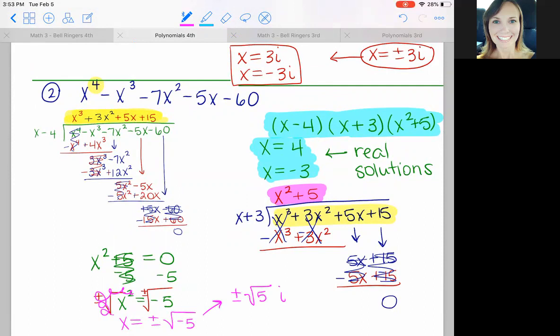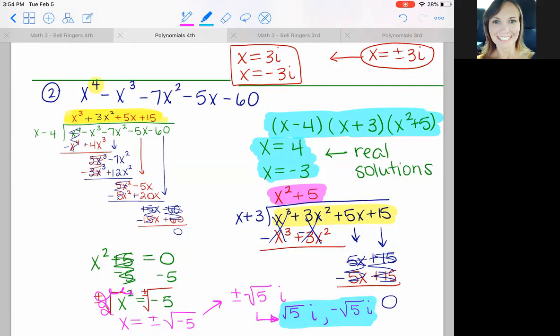So we're going to actually leave this answer either written as plus or minus the square root of 5i, or you can separate it into the square root of 5i, i is on the outside, and this negative square root of 5i. So we have all of our answers, 1, 2, and then 3, 4 at the top. So those are all of my solutions.